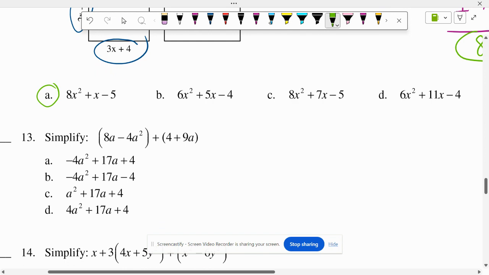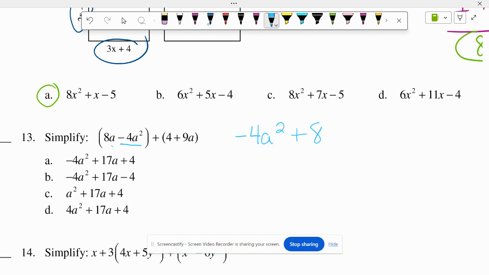Do you guys remember how we stacked the polynomials on top of each other? So we put them in standard form, negative 4a squared plus 8a. And then we just lined up the like bases, like powers, right? So the 9a can go below the 8a, and this 4 constant has to be all by itself.